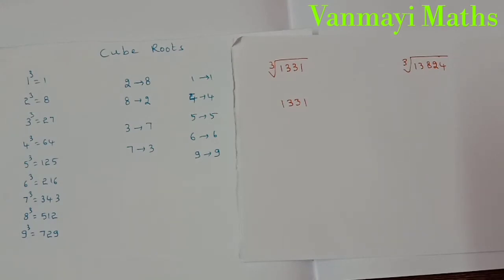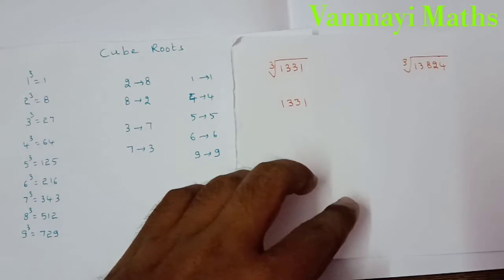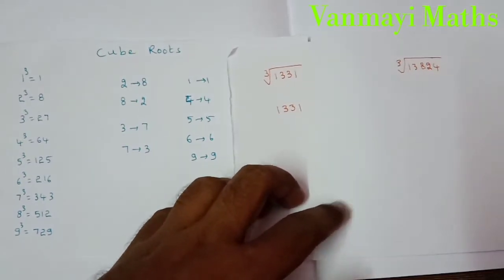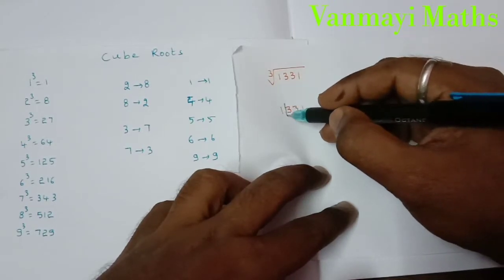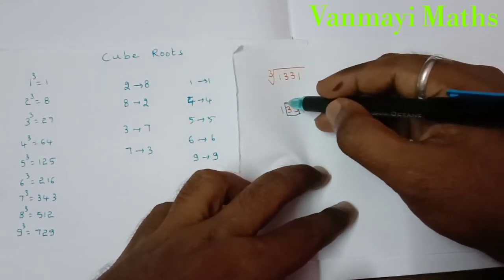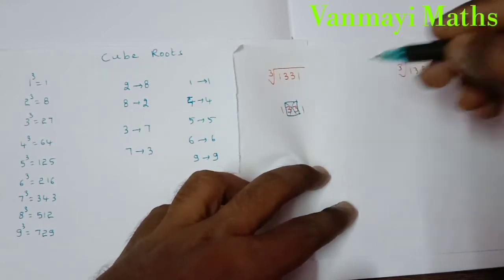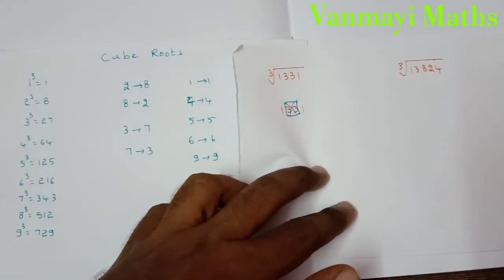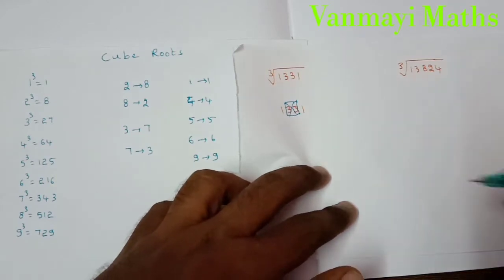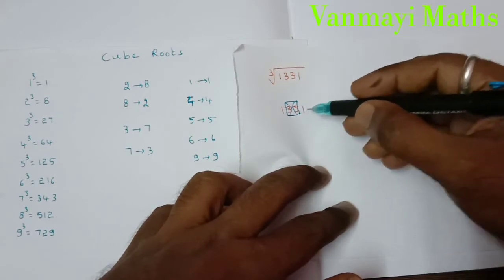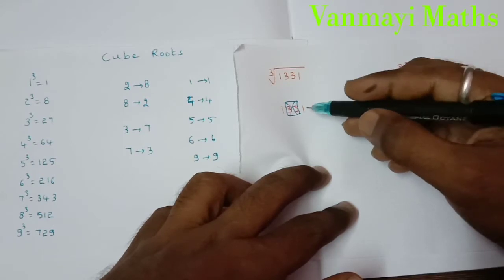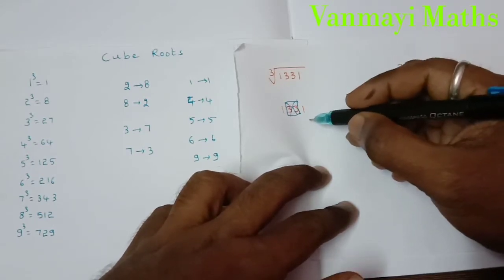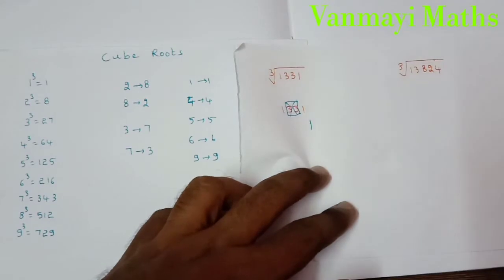So how to find the cube root of 1331? What we have to do is box the tens place and hundreds place numbers and cross them out. Now you have to write, cube of 1 will be 1, means cube root also comes as 1, so this is 1.